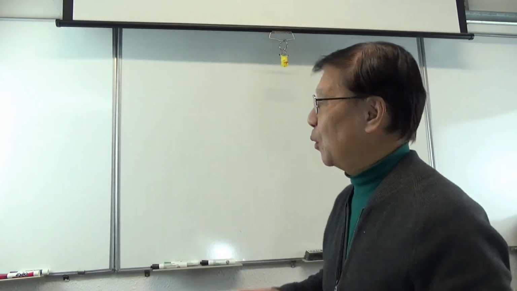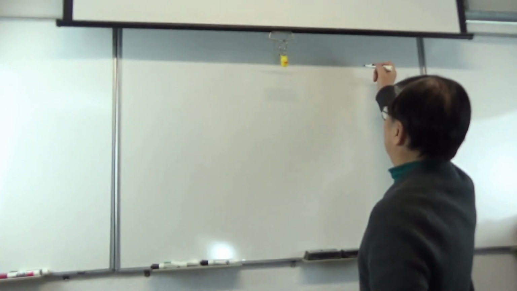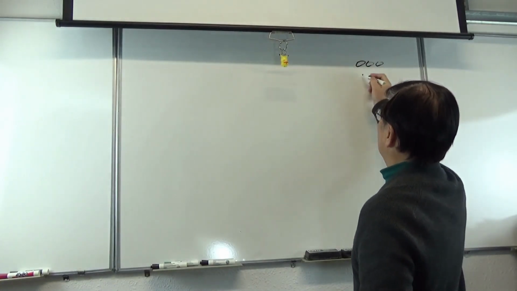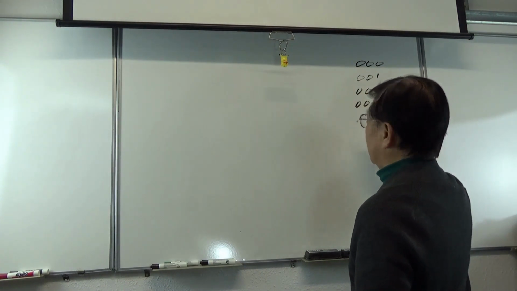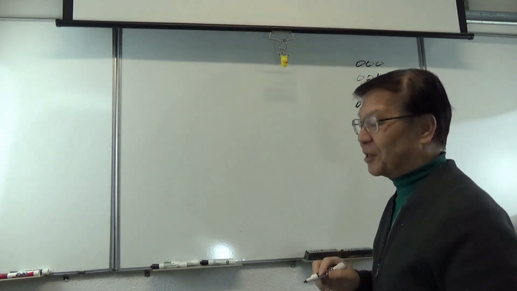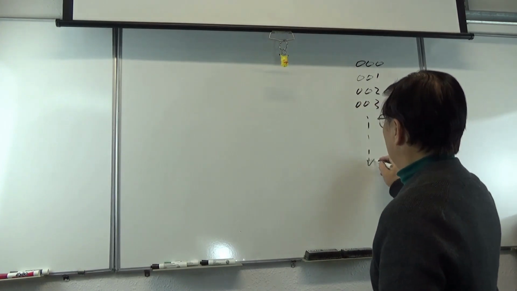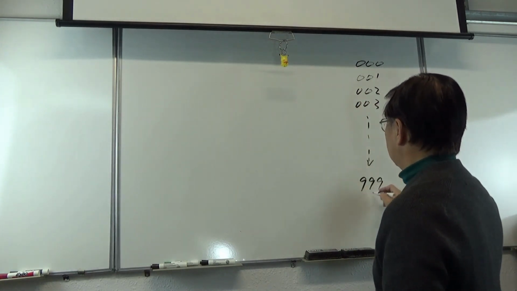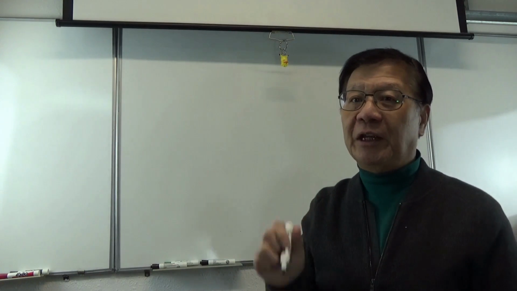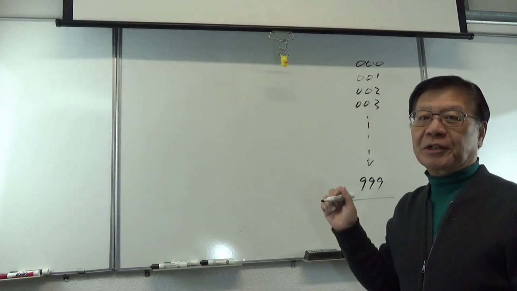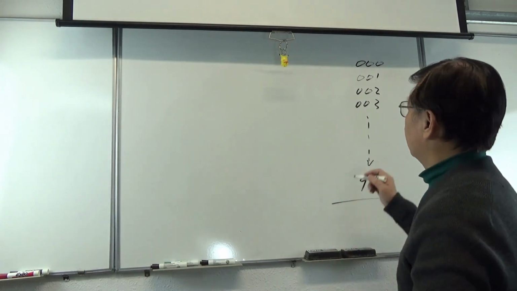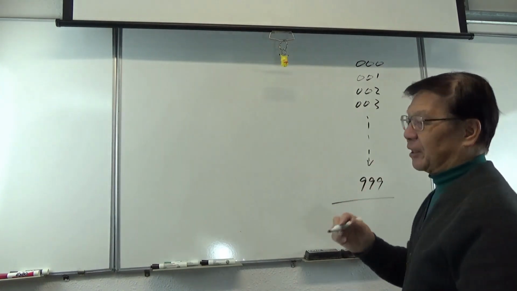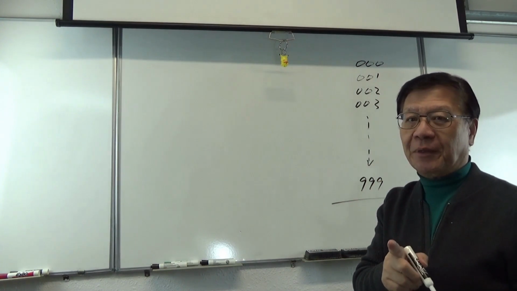For instance, we have 3 digits from 000, 001, 002, 003. Remember, I said decimal system. All the way up to 999. We call that 3-digit numeral system in decimal. Now, we can assign a certain number to mean something.